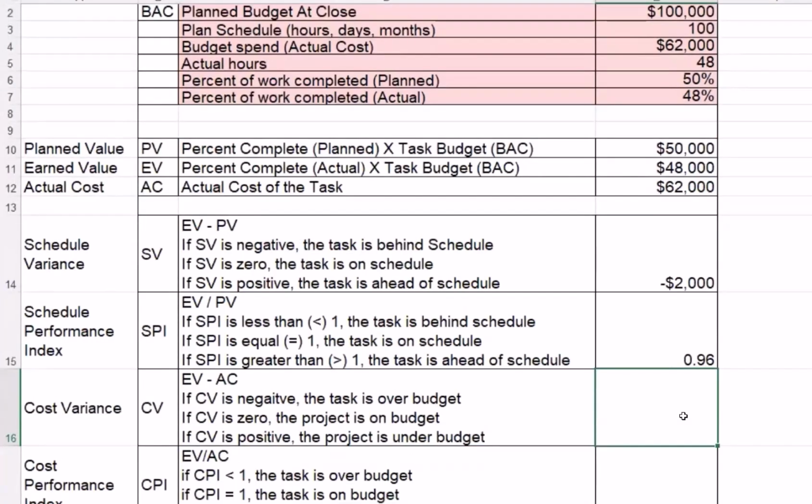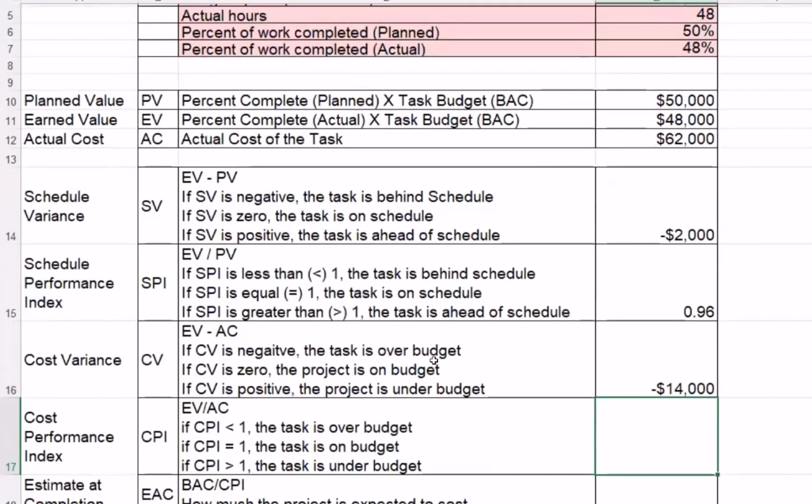So our cost variance is the EV minus AC, actual cost. If it's negative, the task is over budget. If it's 0, the project is on budget. If it's positive, it's under budget.